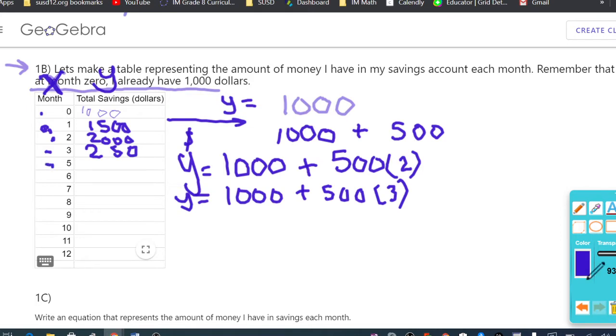At the end of the, it says 5th month. It looks like I forgot to put the number 4 in my table. Well, I'll fix that later. You know what? Let me just jump down to the 10th month.